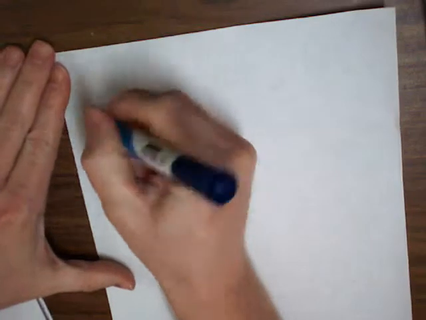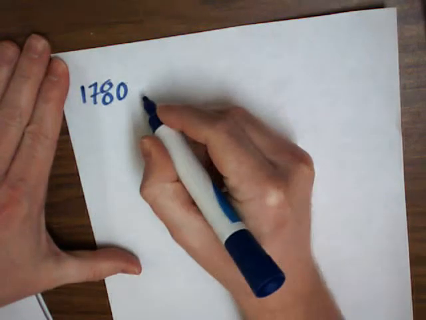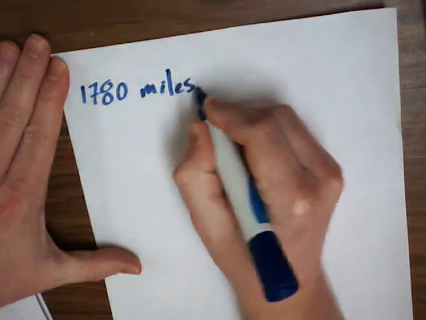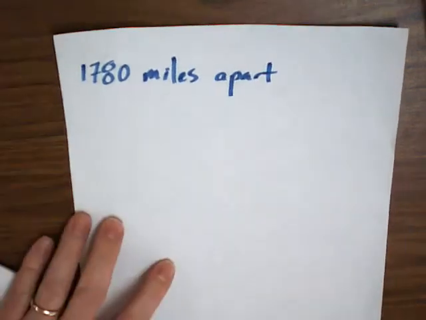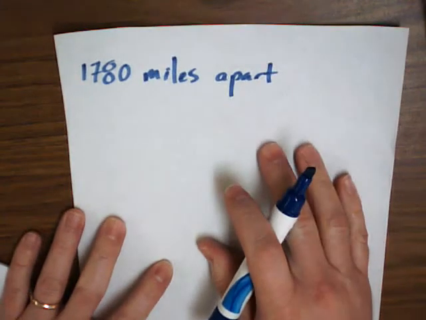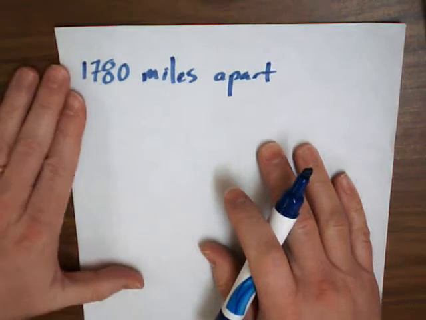Okay. I know you can't see this. So basically it says that two planes are 1,780 miles apart. It says in the question that they're 1,780 miles apart. And it says here in this question that they differ by 40 miles an hour.